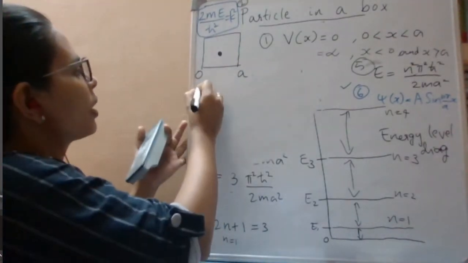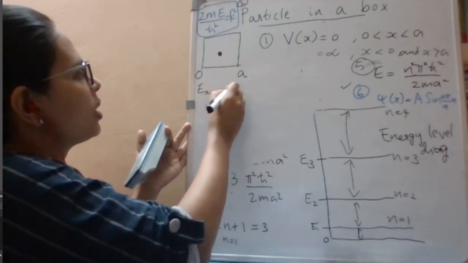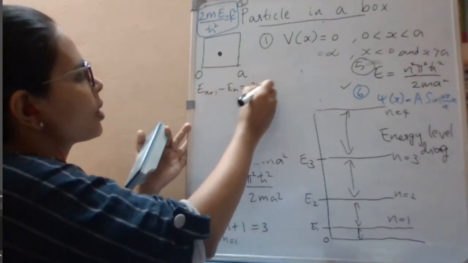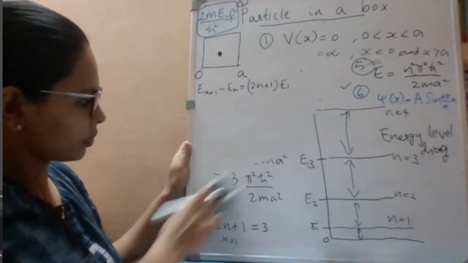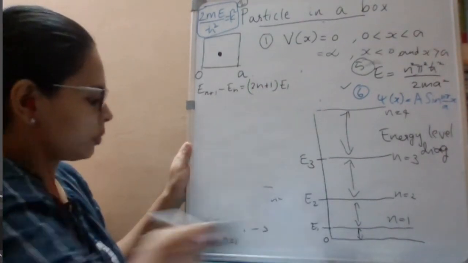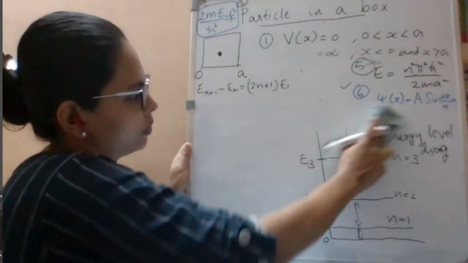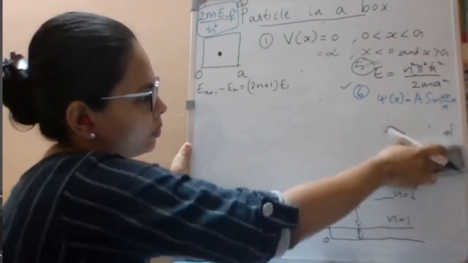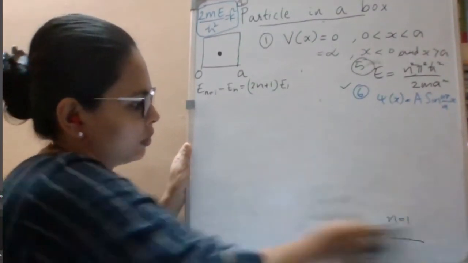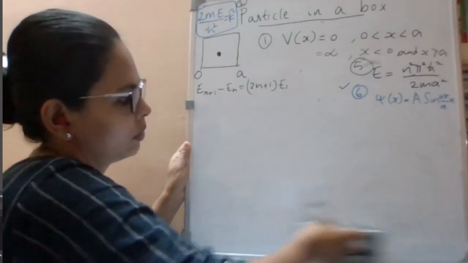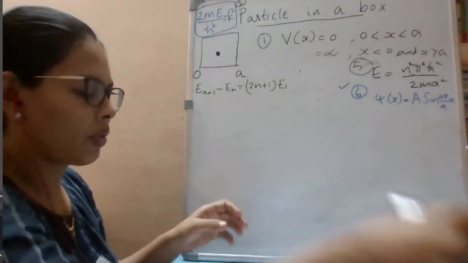We can write that also: En plus 1 minus En is equal to 2n plus 1 E1. Okay, now let us go for the wave function.